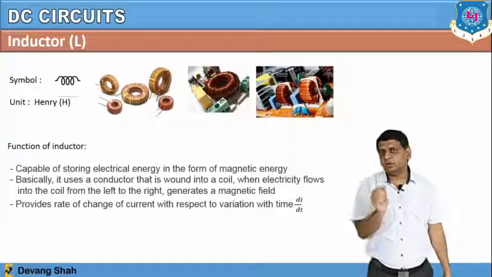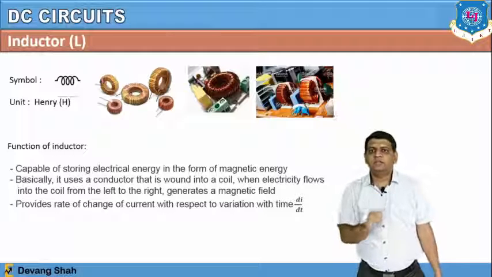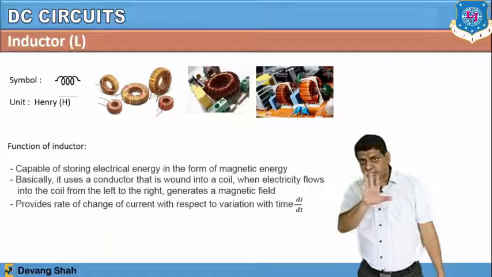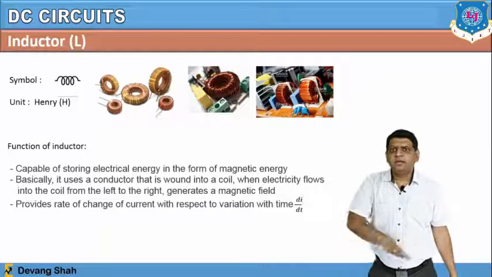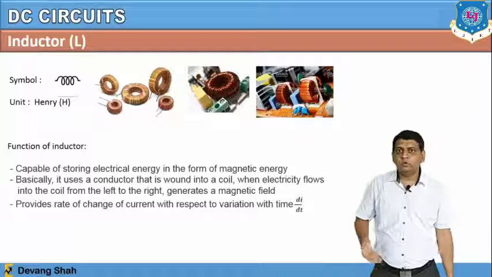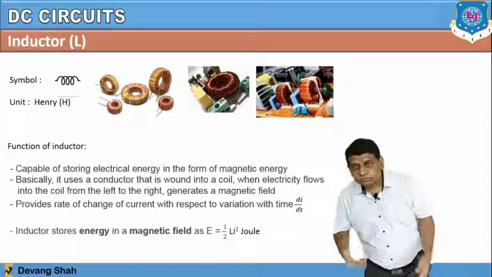So the inductor gives you the very important factor called di by dt. The capacitor gives you dV by dt and the inductor gives you di by dt. Those two terms we are going to use in our further circuits, right?